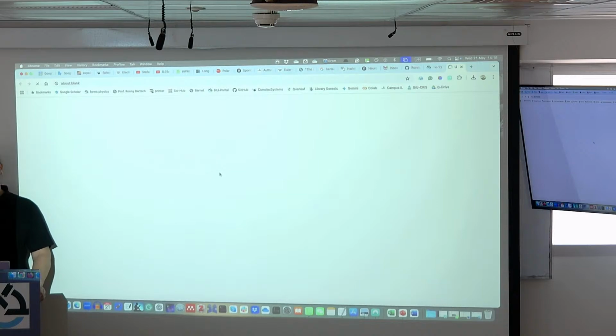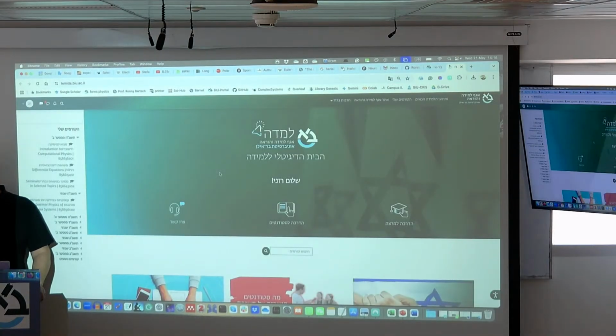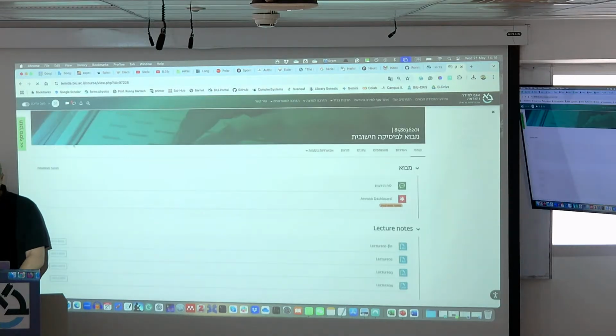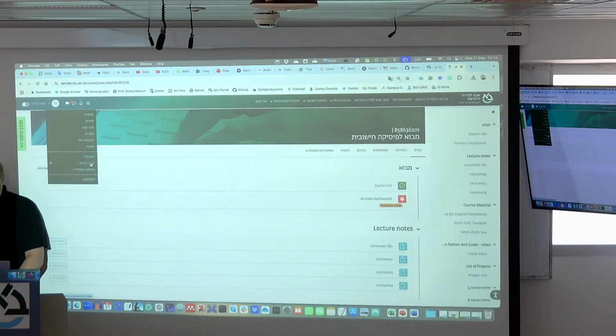Dimitri pointed this out, that you cannot open a Jupyter notebook on Moodle, and this is why I copied everything on GitHub.